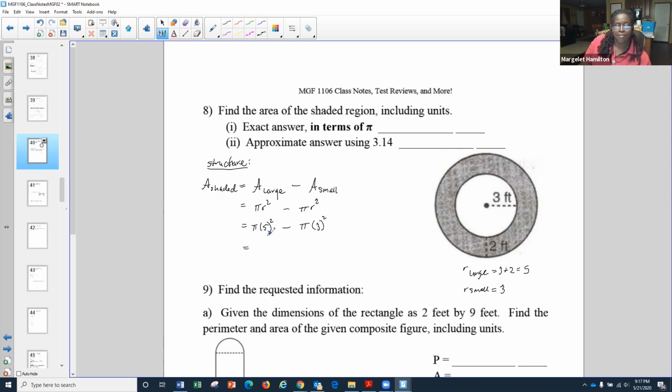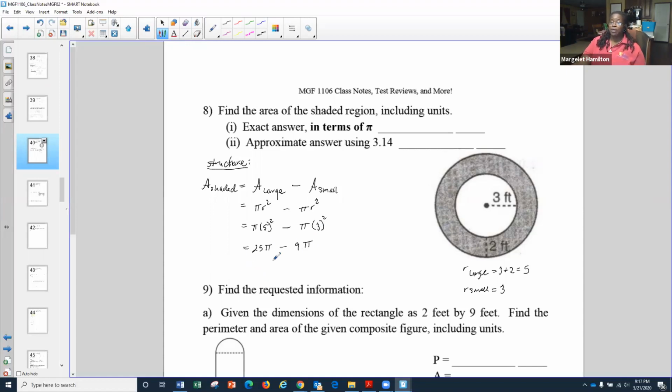So now we have 5 squared, that's 25 pi. Now remember, we are not saying 5 times 2 is 10. That's not what we're saying. We know that now. So make sure you don't make that mistake. So this is 25 pi minus 3 squared is 9, so 9 pi.